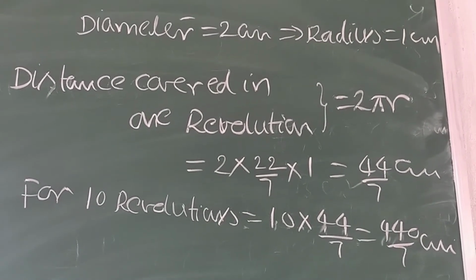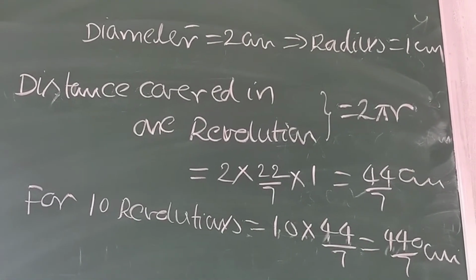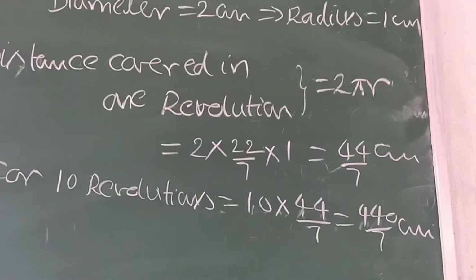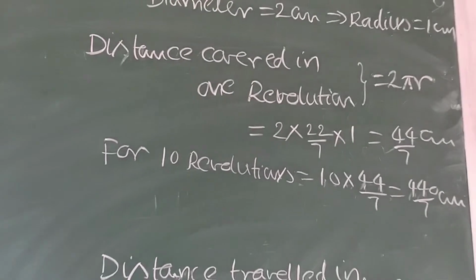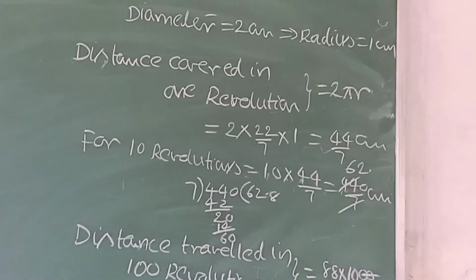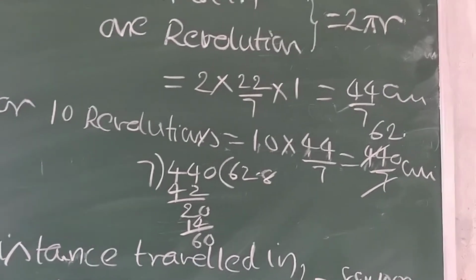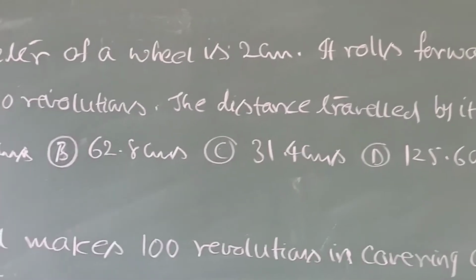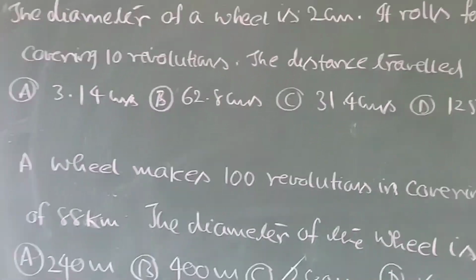So for 10 revolutions, 10 into 44 by 7, that is 440 by 7 centimeters, which is approximately 62.8 centimeters. Therefore, the distance covered in 10 revolutions is approximately 62.8 centimeters.